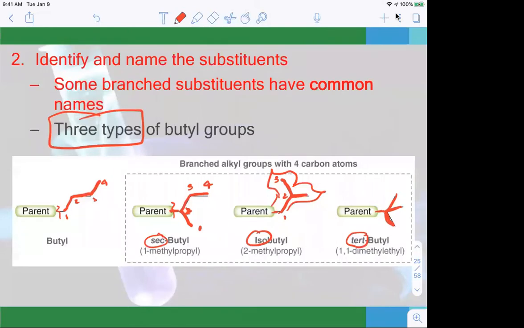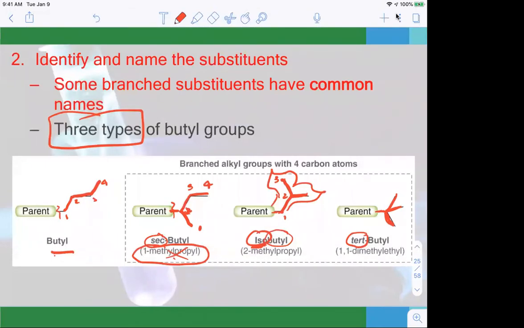So I have the straight chain butyl, the straight chain attached to the second carbon of the straight chain, which is sec-butyl, or I could call it 1-methylpropyl, but this I'm not going to use so much in this class. If I had regular organic 1 or 2, I would use that more often. This with my whale tail, right, 1, 2, 3, 4, I still have 4 carbons, so it's a butyl attachment. It's just branched, so it's called isobutyl.